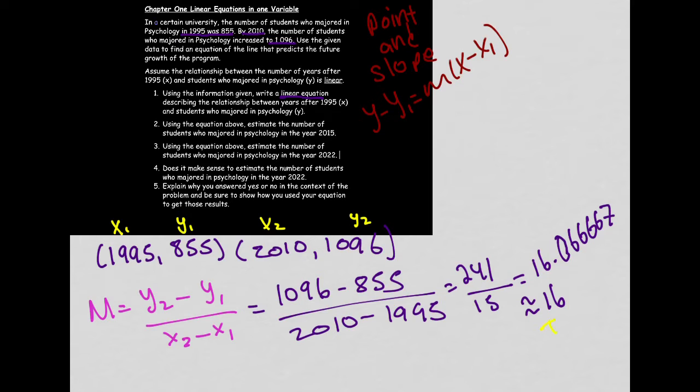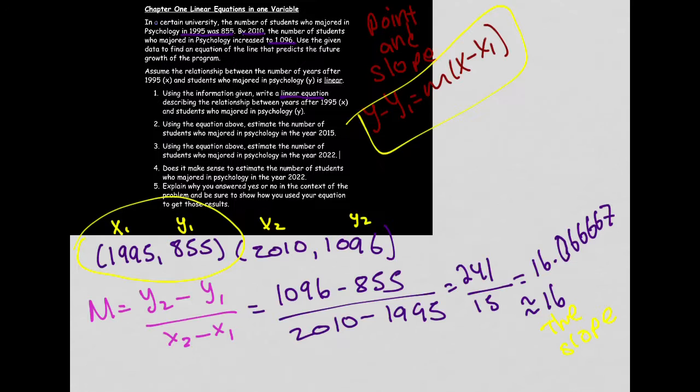Now we're going to use one of the 2 points. I'm going to pick the first point. And we're going to substitute it into this formula to write the equation of the line. So let's go ahead and write that. Here, we have Y, Y1, M, X, X1. So what were the points?